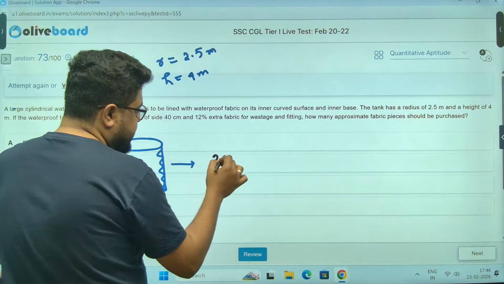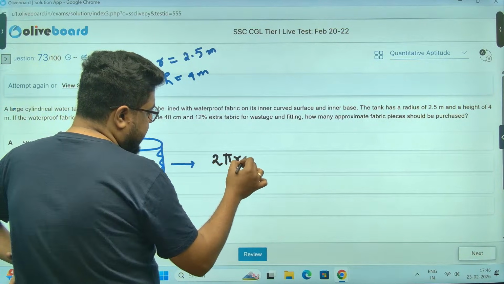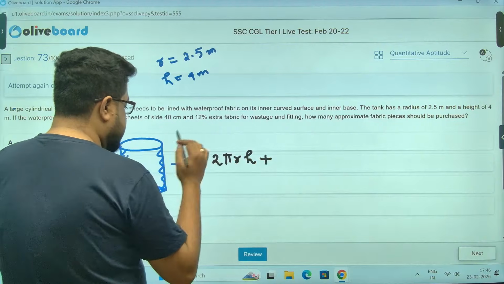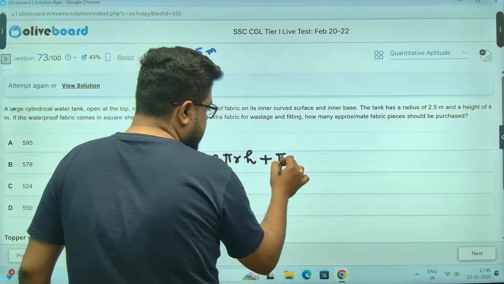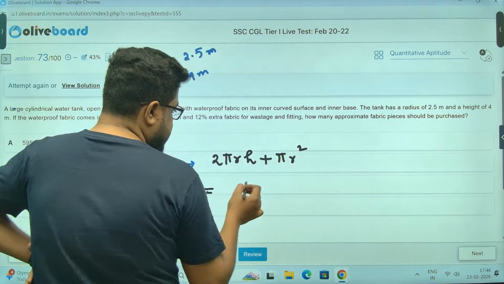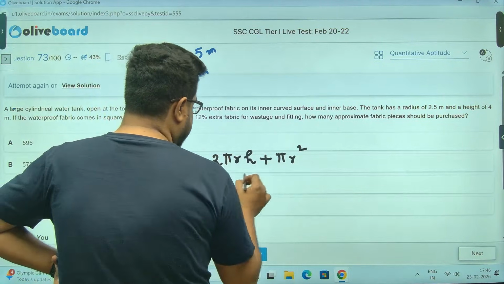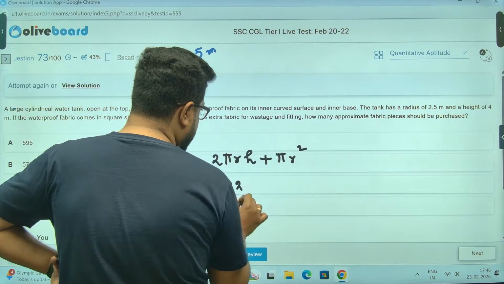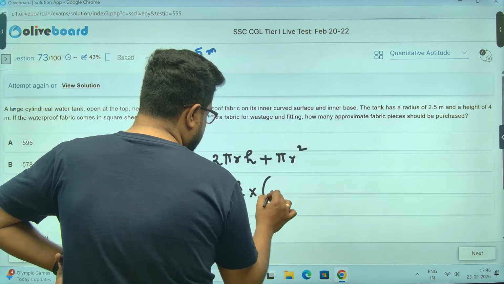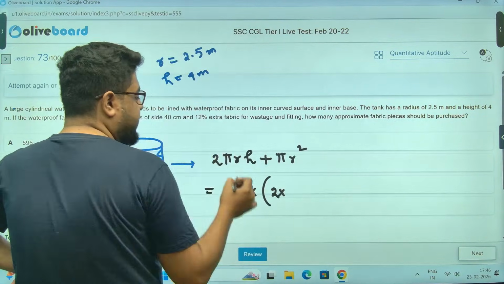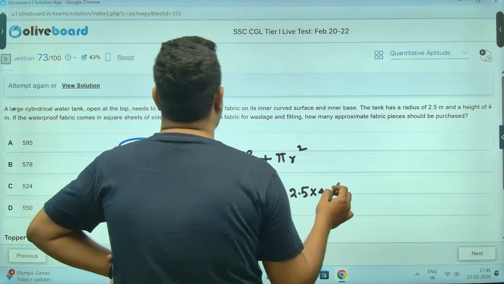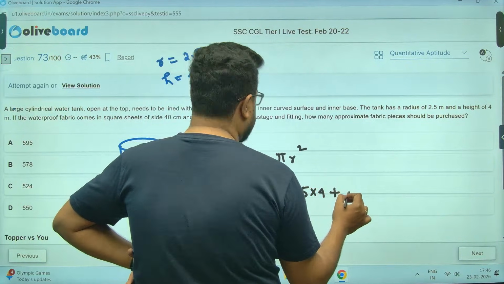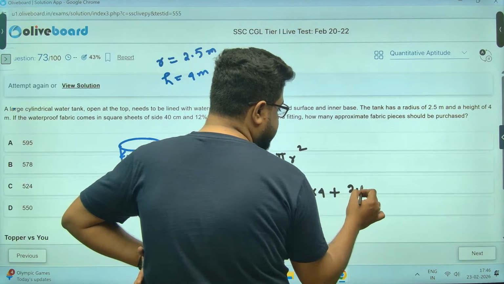So 2 pi r h, that is the curved surface area, plus the base. Base is pi r square. If I just take the pi out, that is 22 by 7 into 2 into r is 2.5 into h is 4, right? Plus r square is 2.5 square.